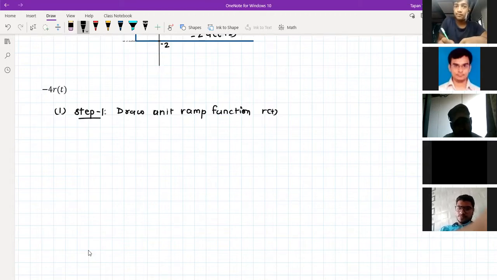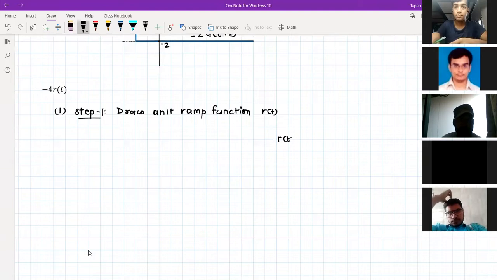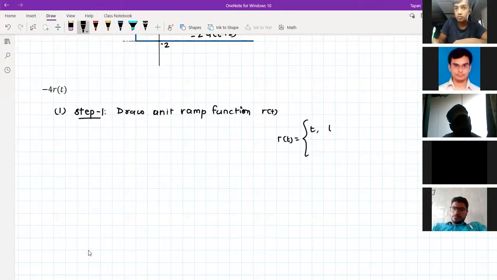How will you draw the unit ramp function? I will write it here. r of t is equal to t for t greater than or equal to 0, and it is 0 for t less than 0. Well defined.